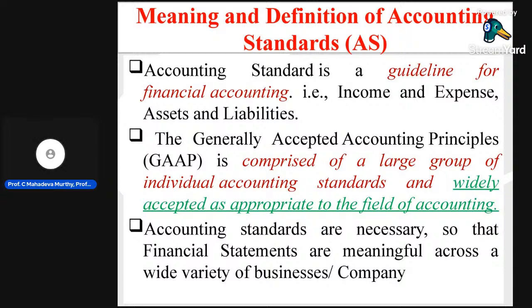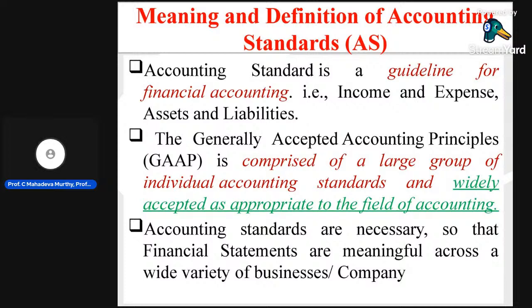Why is GAAP most important? Because today we are in the global era. The globe is one village. Any businessman, any company can start business anywhere in the globe. In that context GAAP is most important. This is a large group of individual accounting standards, each country having its own. How to generalize that?